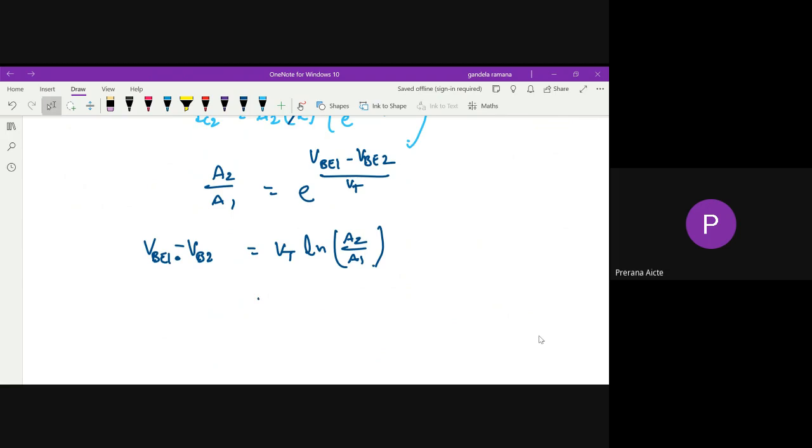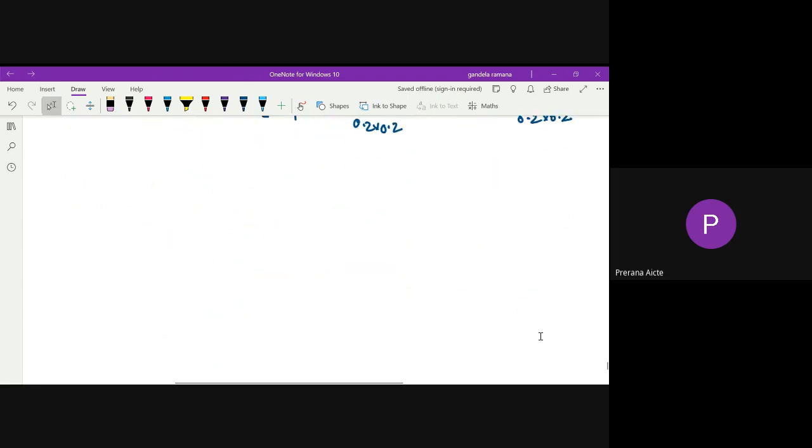That is 26 ln of 300 into 300 by 0.2 into 0.2. What you get, the final answer, is 380.28 millivolts. So this is the answer.